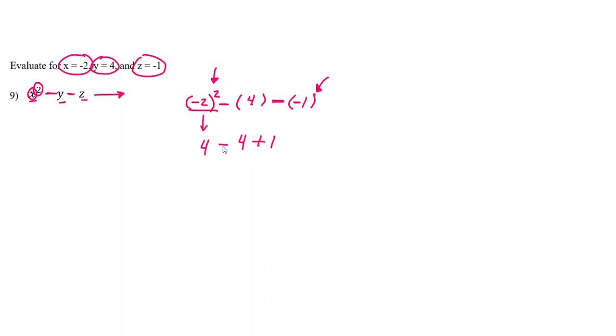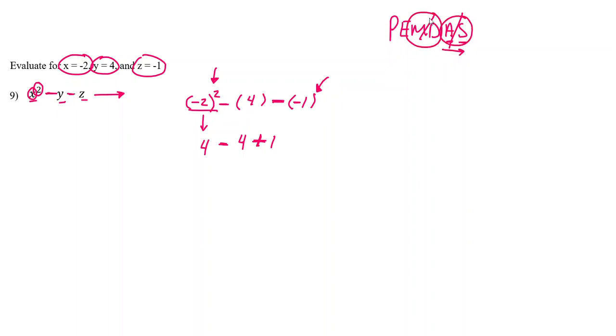Order of operations, we've got a subtract problem and we've got an addition problem. Right? Subtraction and addition. Which one do we do first? Well, if you didn't catch this before, PEMDAS does not mean that you do the addition before you do the subtraction. It means do the addition and the subtraction in order from left to right.